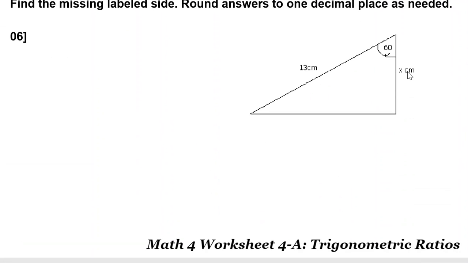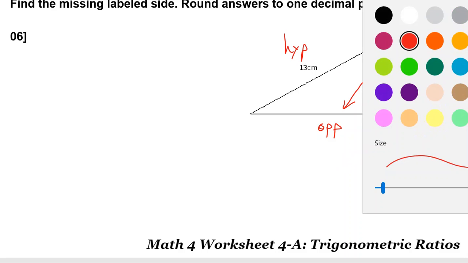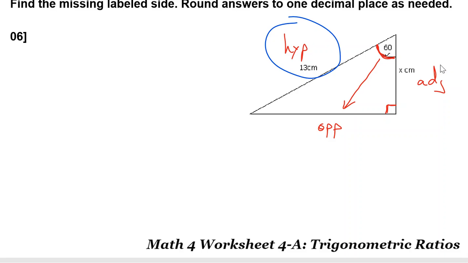All right, here I am looking at an angle up top here that I'm going to come down this way for my opposite, which is nothing. This presumably is the right angle, which means that this would be the hypotenuse, and this would be the adjacent by default. So my two players are hypotenuse and adjacent.